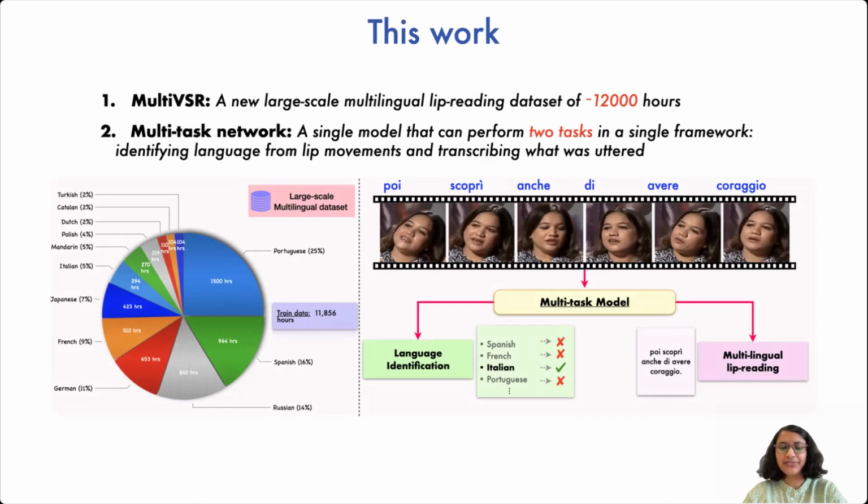Second, we develop a multitask network which can perform two tasks in a single framework, identifying language from lip movements and transcribing what was being uttered. Third, we train this multitask model jointly across all languages. This is in contrast to existing works where each language has a separately trained model.